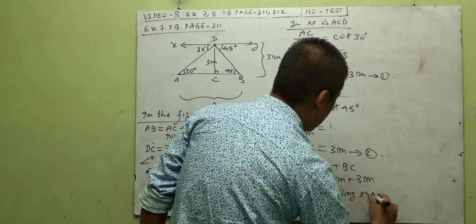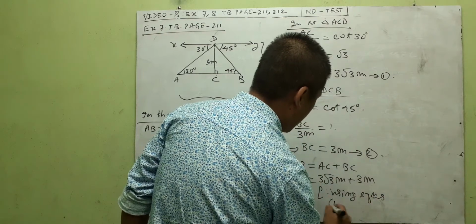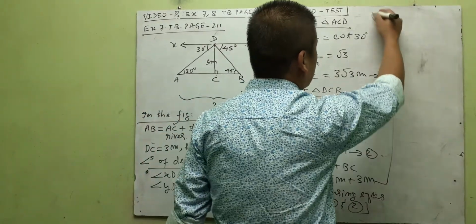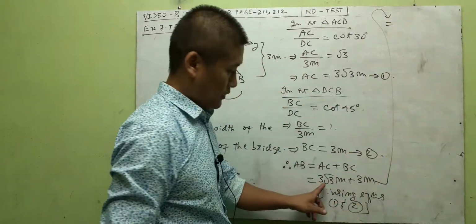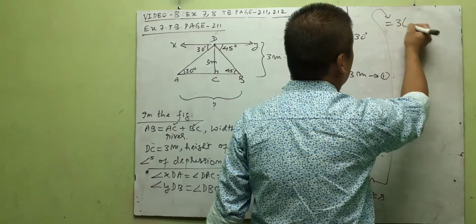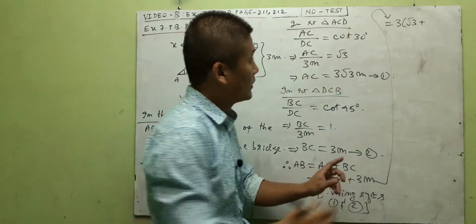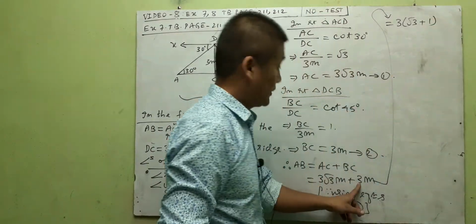Using equations 1 and 2, we continue doing this, and then we'll get AB equal to 3 common, so we can take it out of the bracket, into root 3 plus 3 ones are 3.